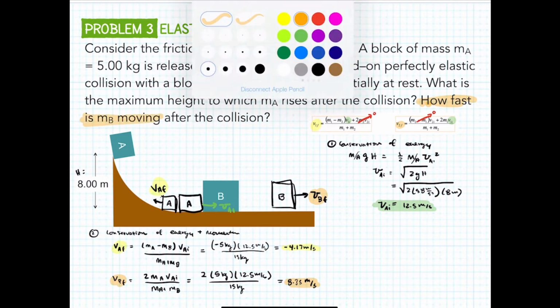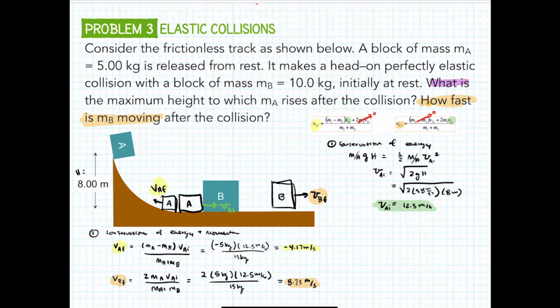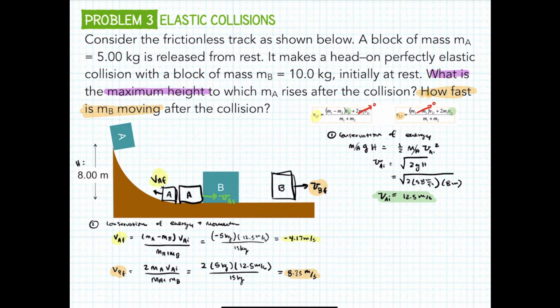And then we also want to know this last question, which is what is the maximum height to which the other mass goes? So in order to get the maximum height, what do we need to do? What's the height for which block A?